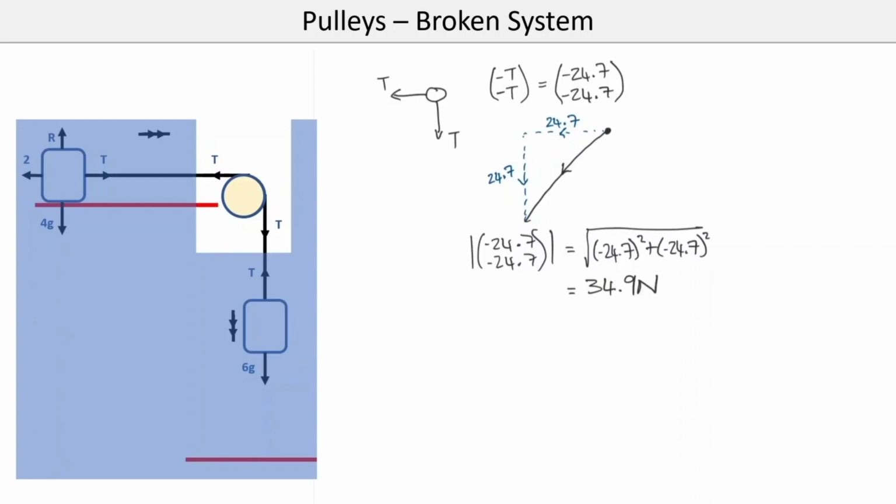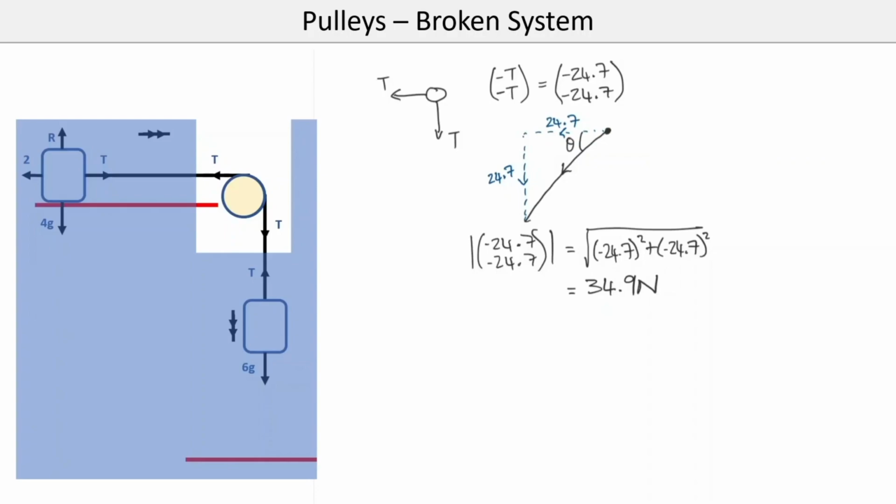Well, what if we wanted to know the direction that it's moving? This is a recognizable type of triangle. Both the perpendicular lengths are the same. This is an isosceles triangle that has a right angle. So that means the other two angles must both be 45 degrees.